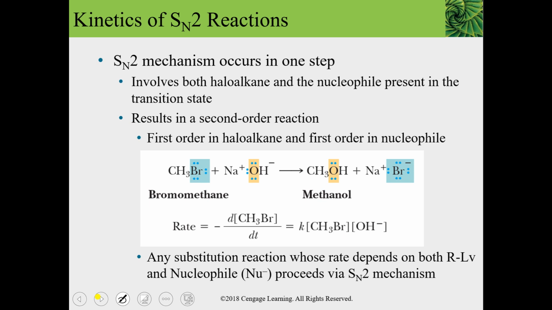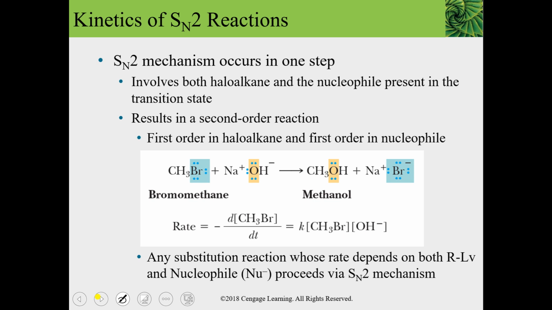SN2 reaction mechanisms are second order because the haloalkane and the nucleophile both matter: the back attack and the leaving group leaving are both first order reactions, and therefore overall it's a second order reaction mechanism.